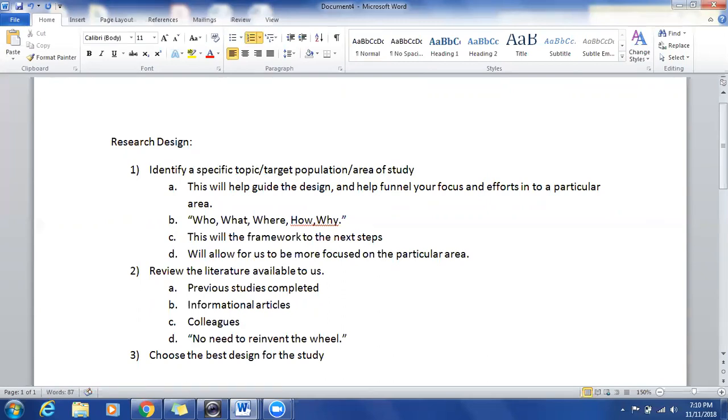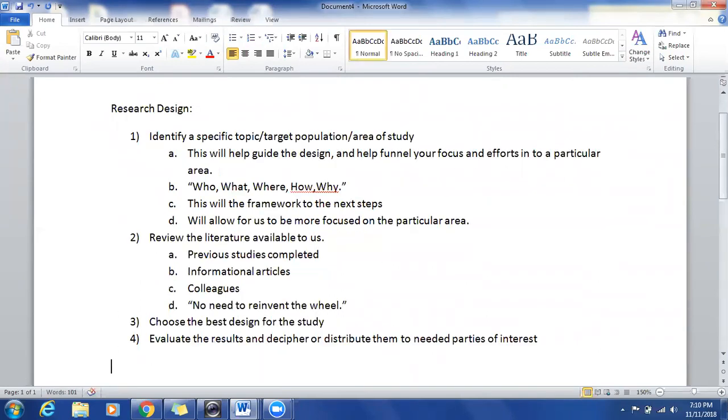Afterwards, we identify the things that we need to evaluate the results, and then evaluate, decipher and distribute them to needed parties of interest. For those that are new to the group, I do send this Word document out to you, so don't feel like you have to rush. I will be sending this out as well as this recording.